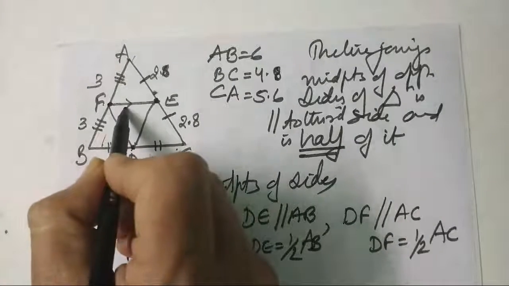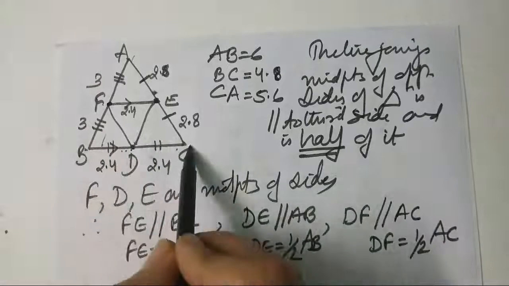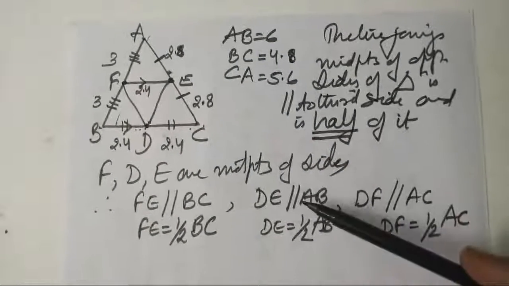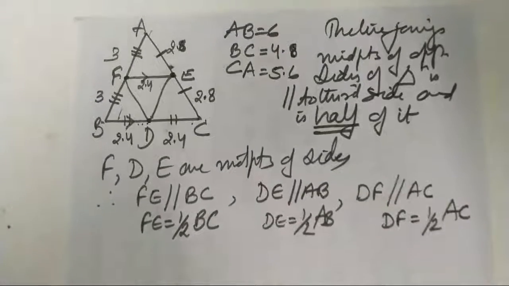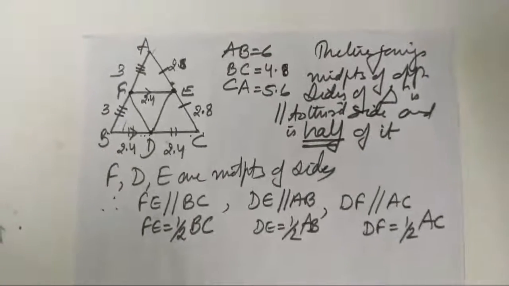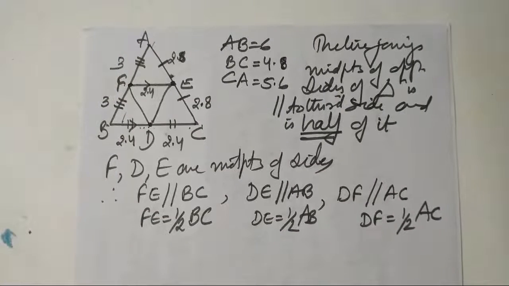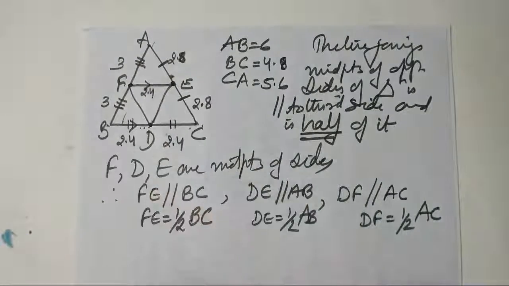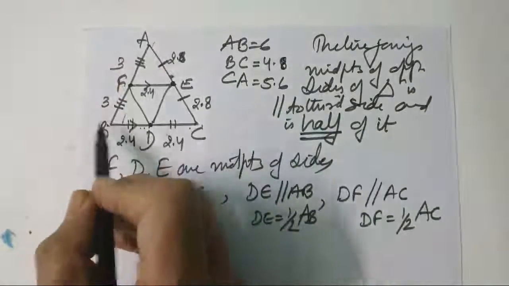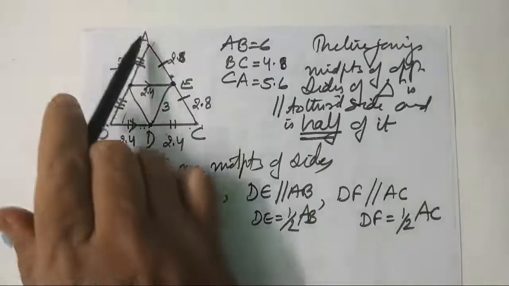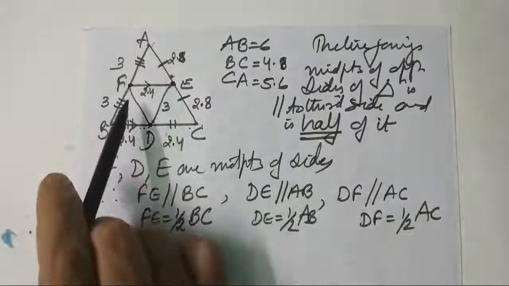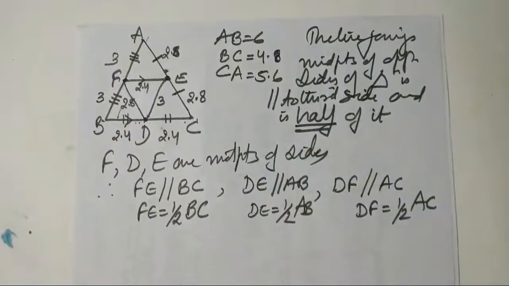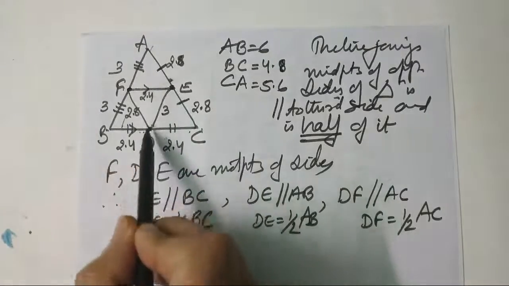FE will become 2.4, half of BC. DE will become parallel to AB and half of it. AB is 6, so this will become 3, and this length is 5.6, so this length will become half of 5.6, that is 2.8.